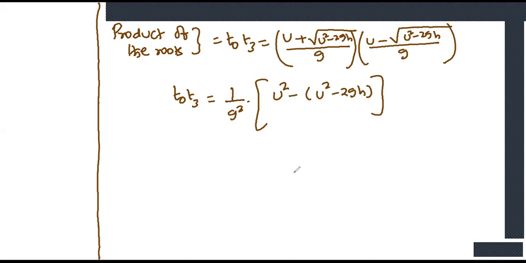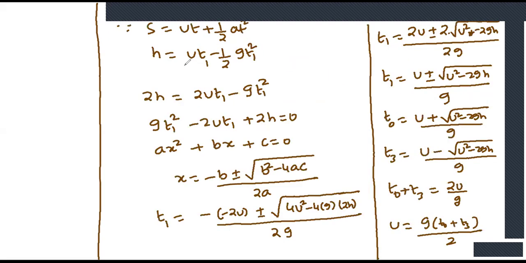We get 2gh by g square, nothing but 2h by g. Initially we got T1, which is nothing but T0 plus T3.